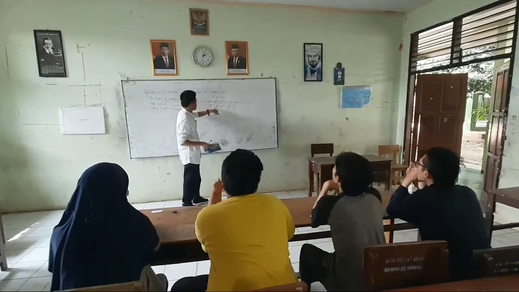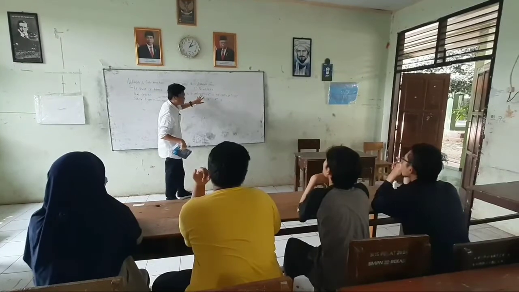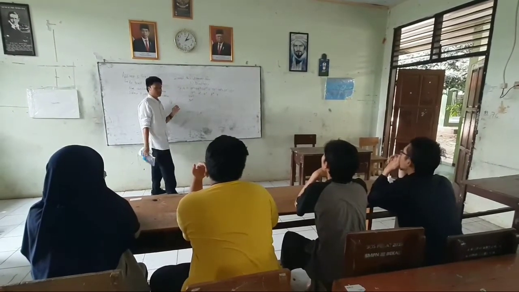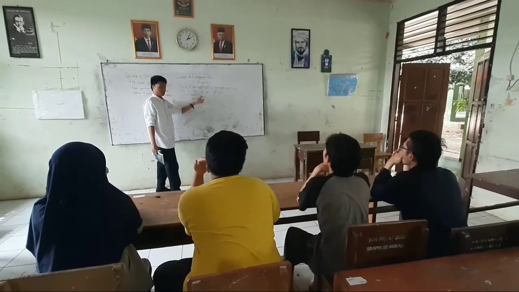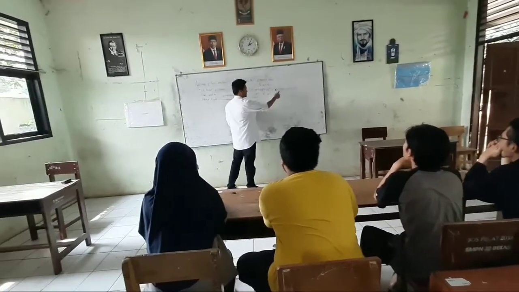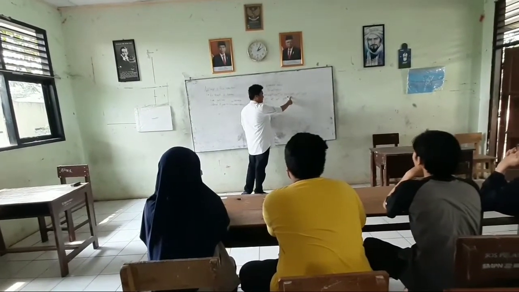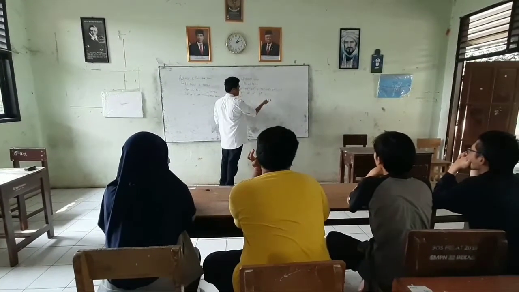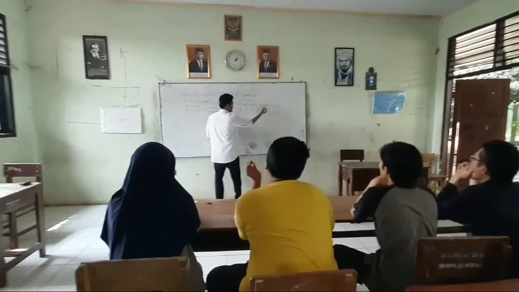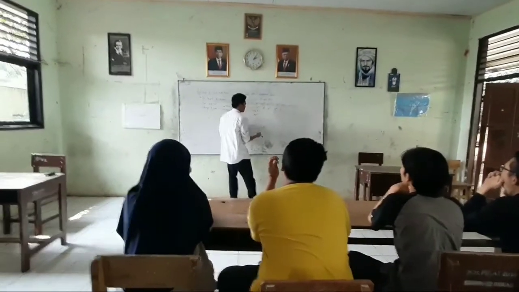The second one is p power 4. In this structure, we don't have a term that contains p power 4, so we just leave it blank, and write down the term that has p power 4.